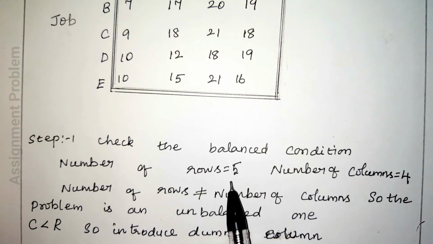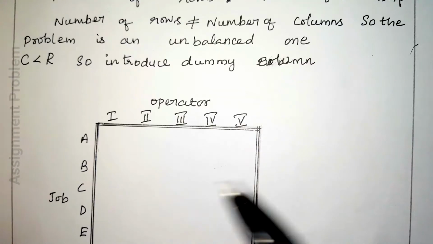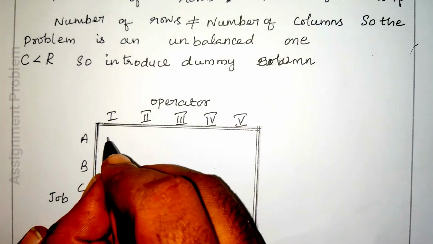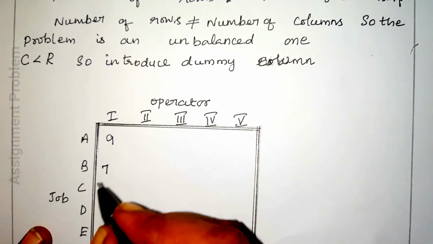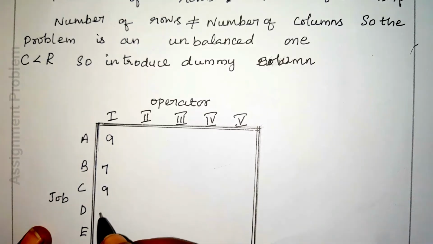Number of rows is equal to 5. Number of columns is equal to 4. Columns are less than rows. So, introduce a dummy column with 0 entries. First column 9, 7, 9, 10, 10.